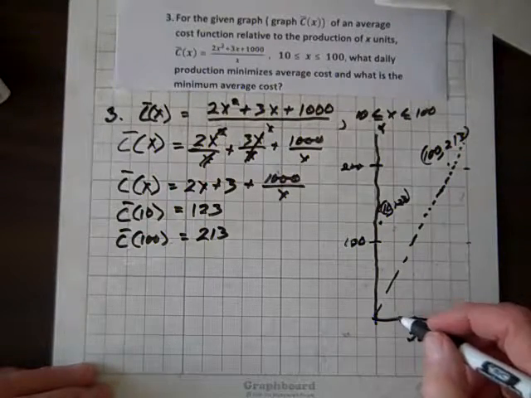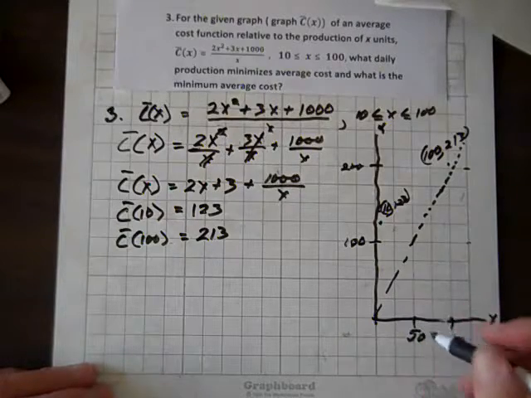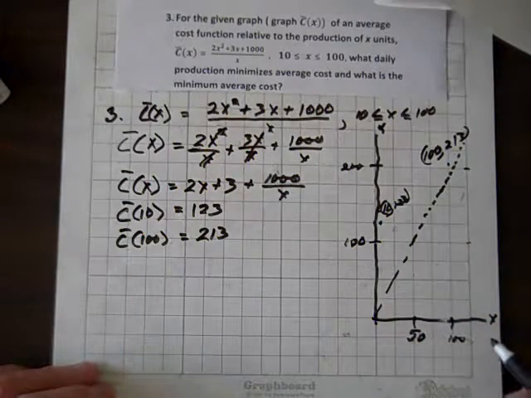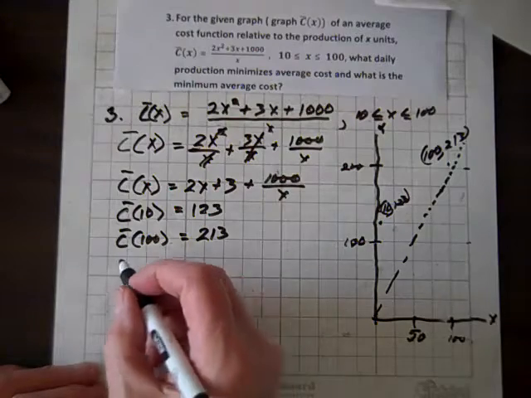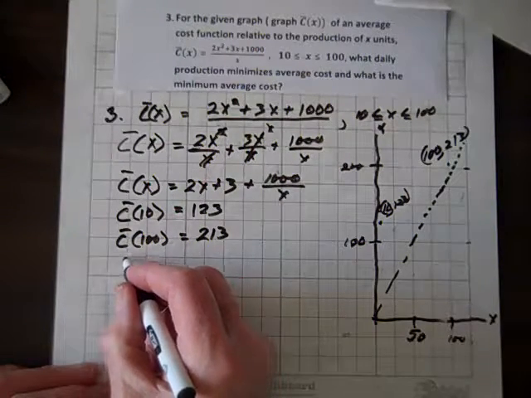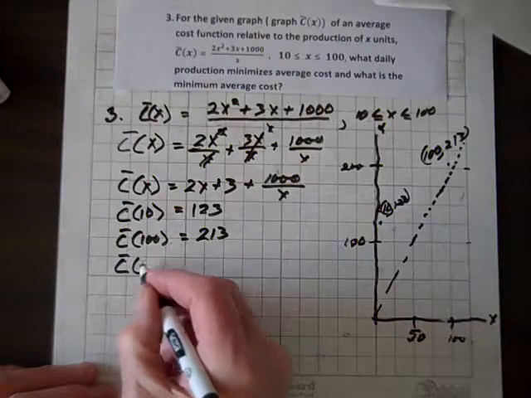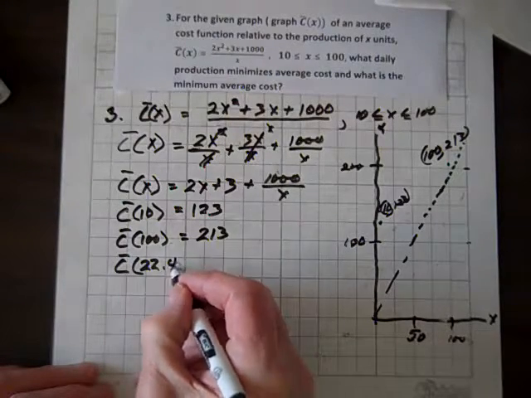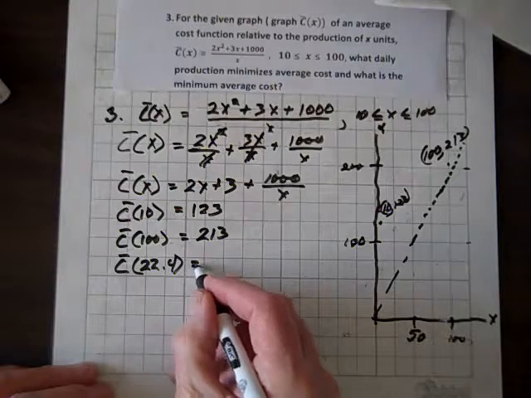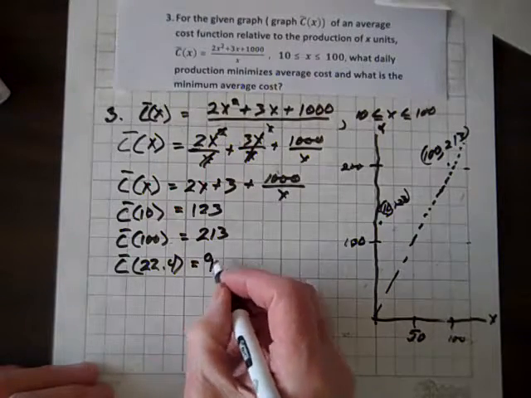And then, let's see, I did another computation, and using calculus, I came up with the low point, and it occurs at 22.4, and it equals approximately 92.